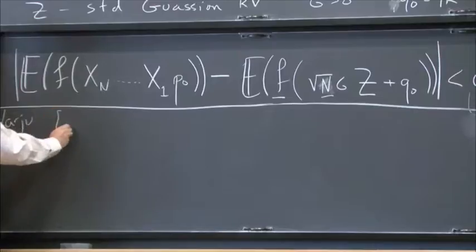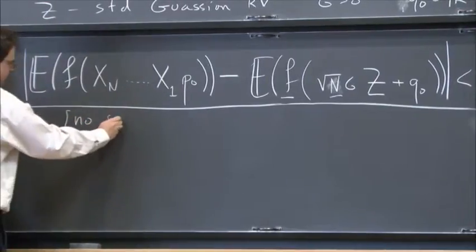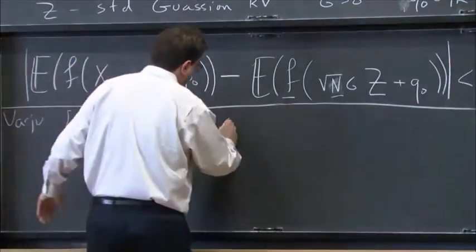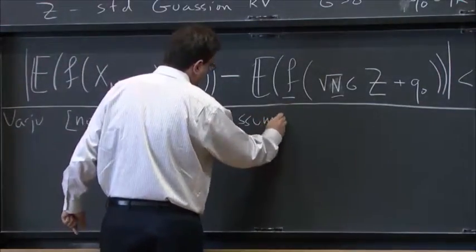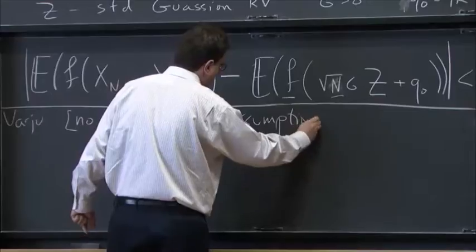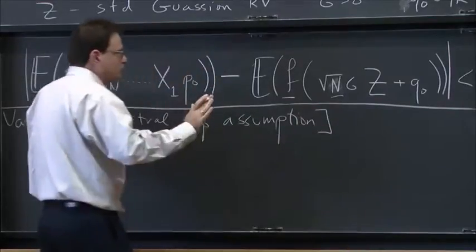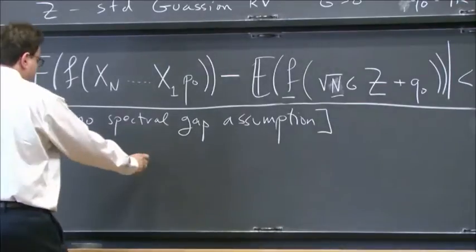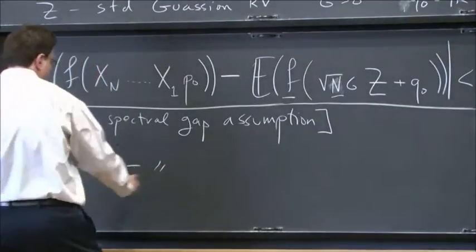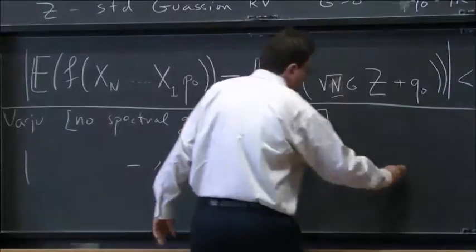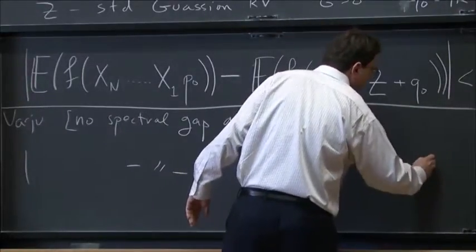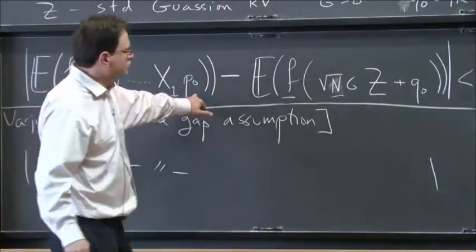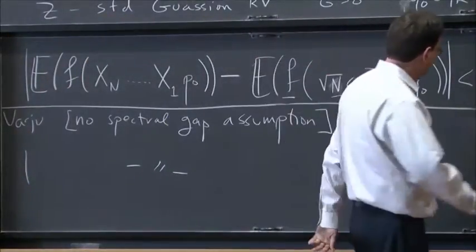And here it's important there's no spectral gap assumption. So it's completely for any rotations which span a dense set, and you look at this same difference between my random walk by isometries and the Gaussian distribution.